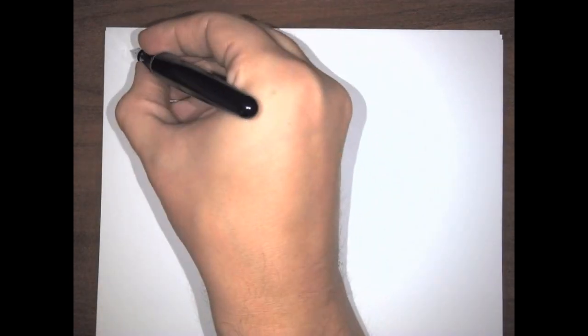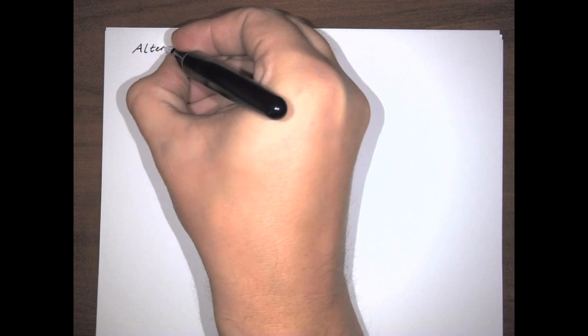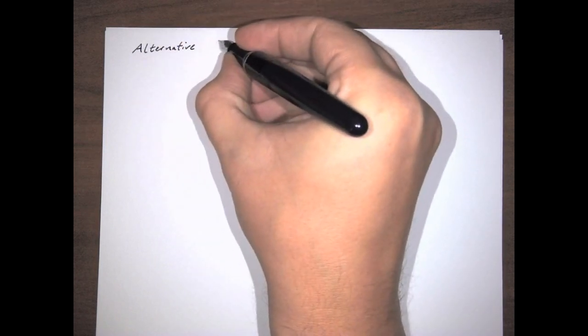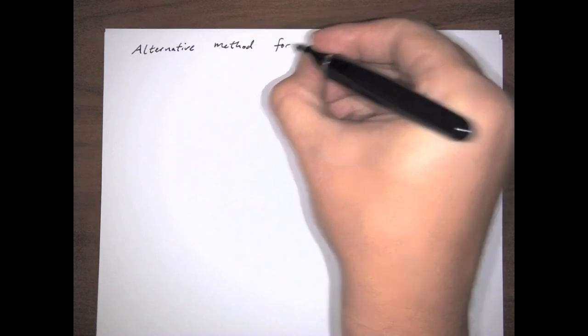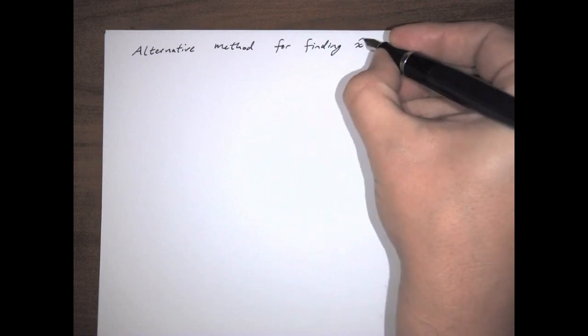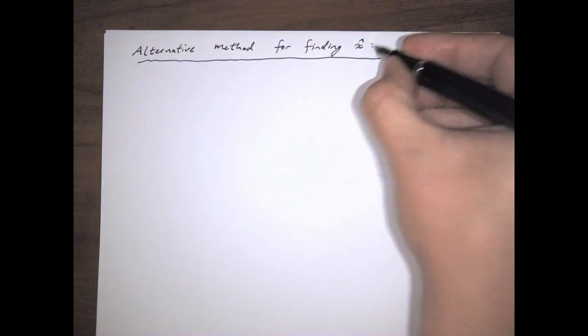Alright, now let's bring the QR factorization into play, and in particular this is an alternative method for finding x hat, and it's using the QR factorization.